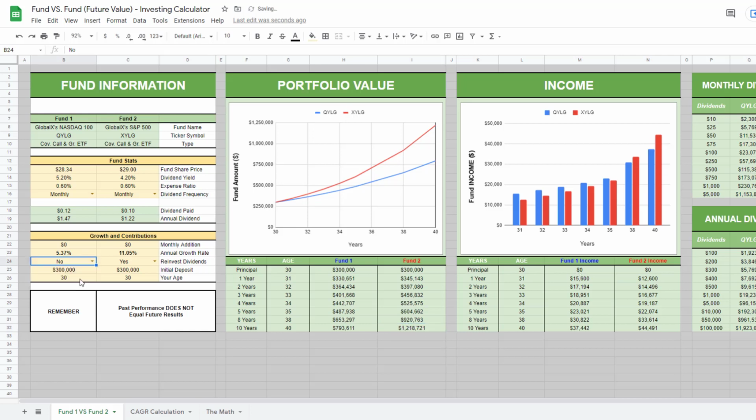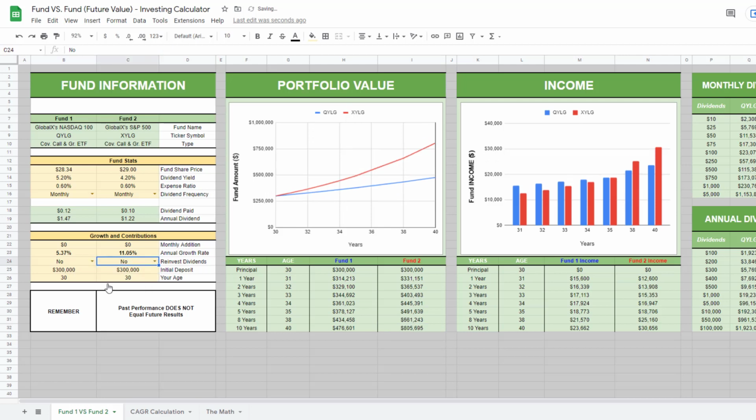However, if we take a look at not reinvesting dividends, which is probably true for the most case, if you had a $300,000 investment in either one of these funds, your funds would still grow. And at year one, you would get paid $15,000 for QYLG and $12,000 for XYLG, which is pretty decent for a fund that pays you a decent dividend that is going to give you some decent growth as well.